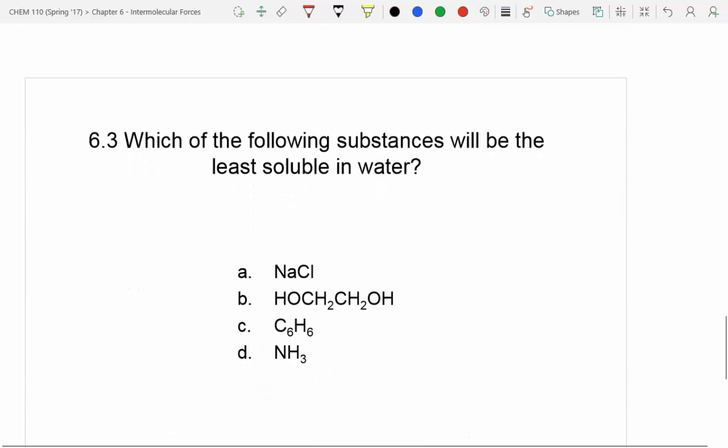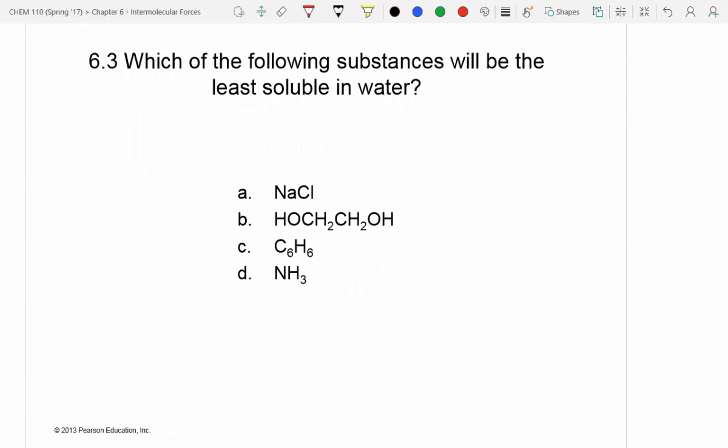All right. Which of the following substances will be the least soluble in water? So what's the main intermolecular force for water again? H bonding. So typically water will dissolve other things that can hydrogen bond, or what was the other case? So water can dissolve things that hydrogen bond or other ions, right?